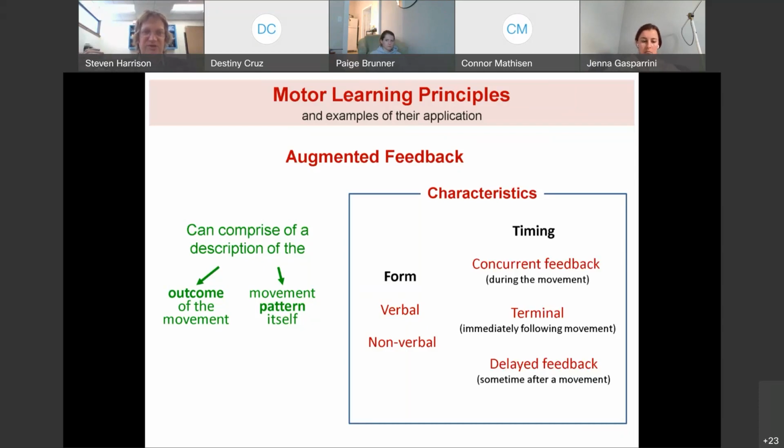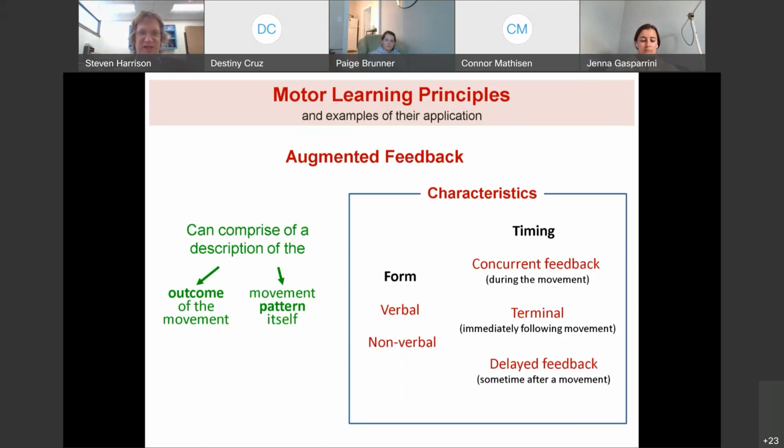The feedback could be given concurrently, so you're getting the feedback as you're doing the movement. That's the most common in biofeedback applications. The timing could be terminal, so that you get the feedback at the moment that you finish trying to perform the action, or it could be delayed, where you receive the feedback at a certain time afterwards.